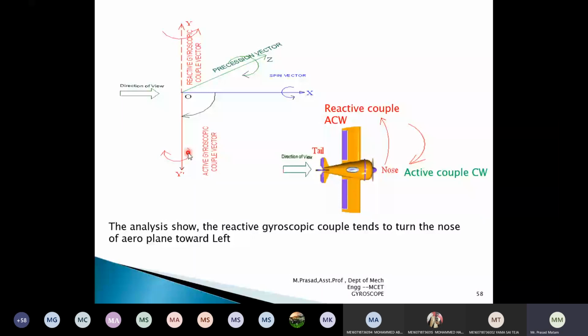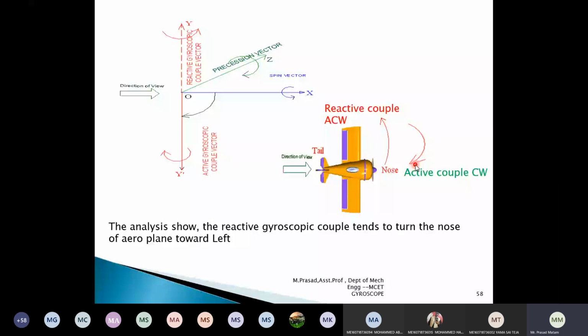The active couple is moving in clockwise. You can see this is my clockwise. This is the active couple. The reactive couple is moving in anti-clockwise direction, means it turns towards the left side. You can see in this diagram here. This is my active couple which rotates in clockwise motion, and the reactive couple which rotates in the anti-clockwise motion.